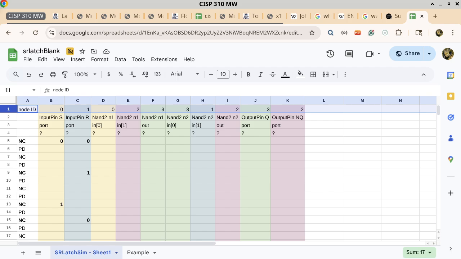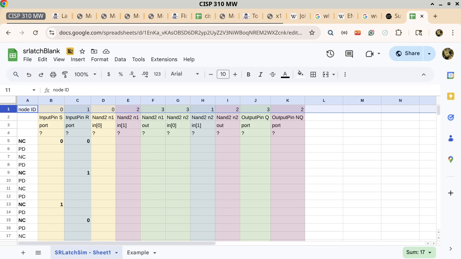This is node 1, and anything in node 1 is electrically connected. This is node 2, everything in node 2 is electrically connected, and the same thing for node 3. So it is really just a different way to indicate the connectivity between the ports of the components. But otherwise, this is the setup.